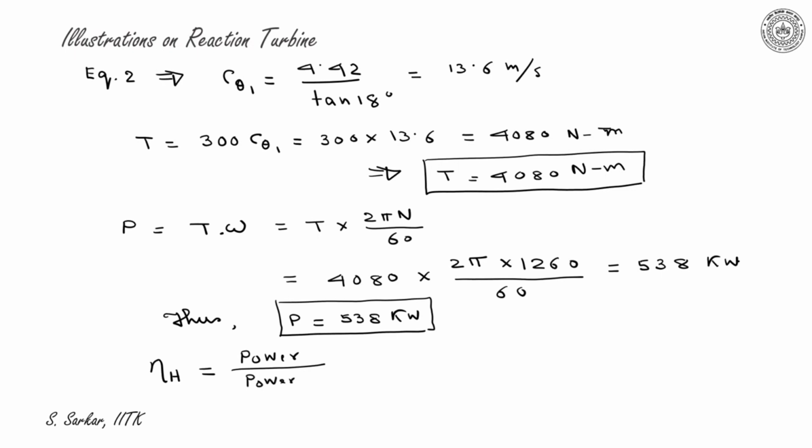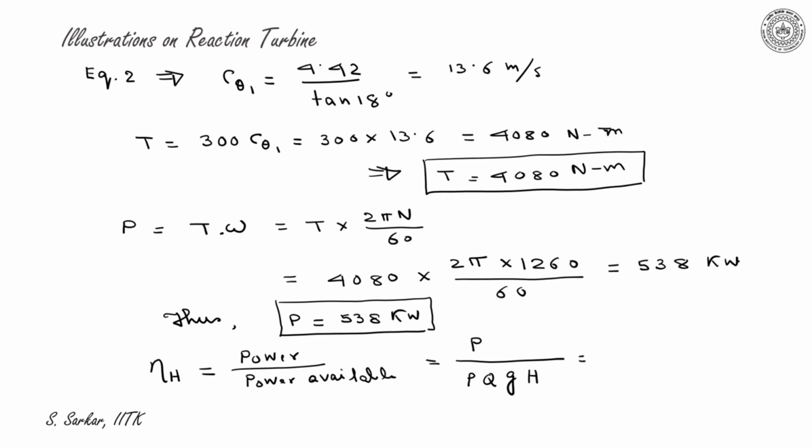This should be equal to 538 kilowatt, so multiplied by 10 to the 3, divided by rho 10 to the power 3, Q equal to 0.5, g 9.81 into head is 124.